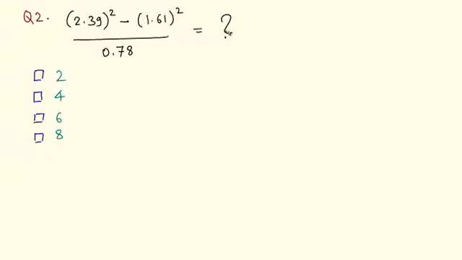What could be the answer? Well, if you look at it carefully, it looks something similar to a formula you know, and that formula is a square minus b square, and it comes out as a plus b into a minus b. So we can use this formula in this question.